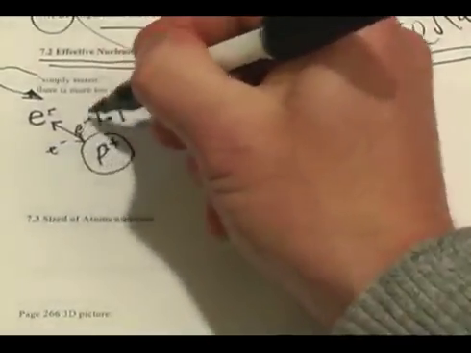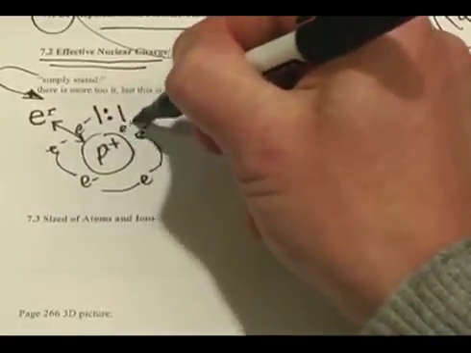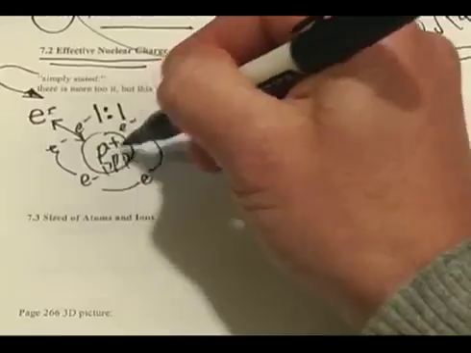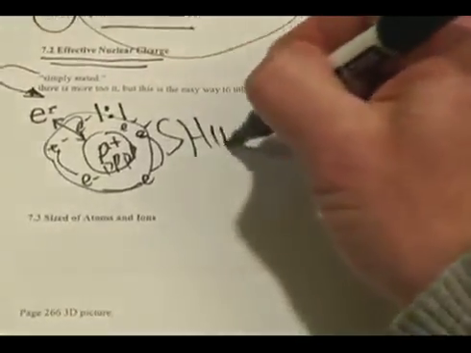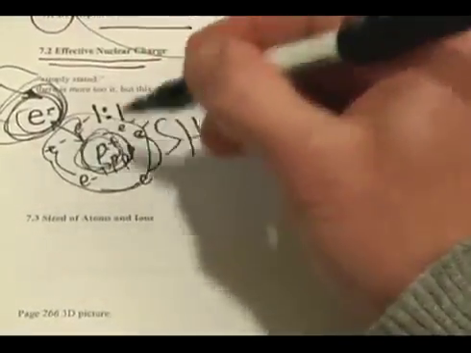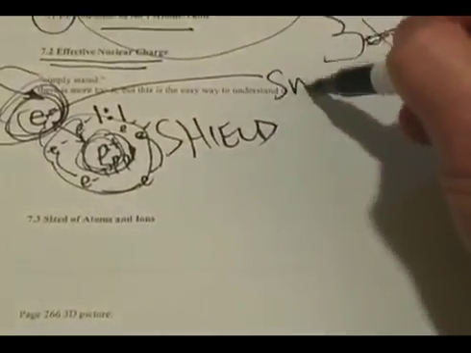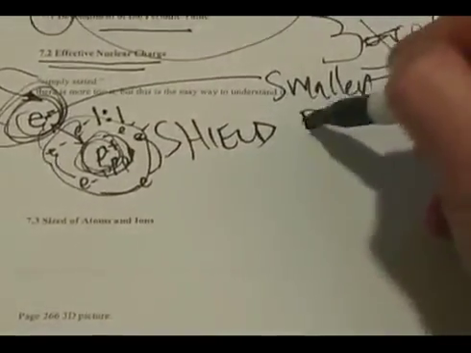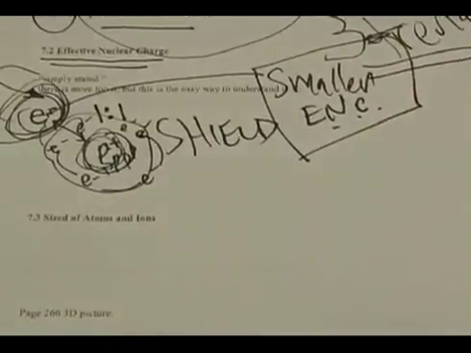If there are more electrons around the nucleus, I know there's more protons in the nucleus too, but these electrons in effect shield the attraction of this electron to this proton, and therefore this electron right here experiences a smaller effective nuclear charge, ENC, because it's shielded by these other electrons.